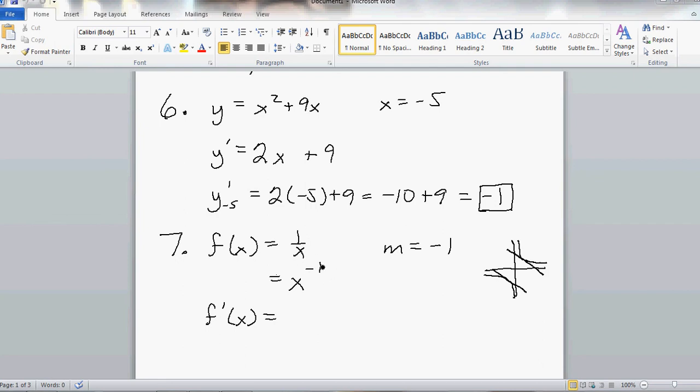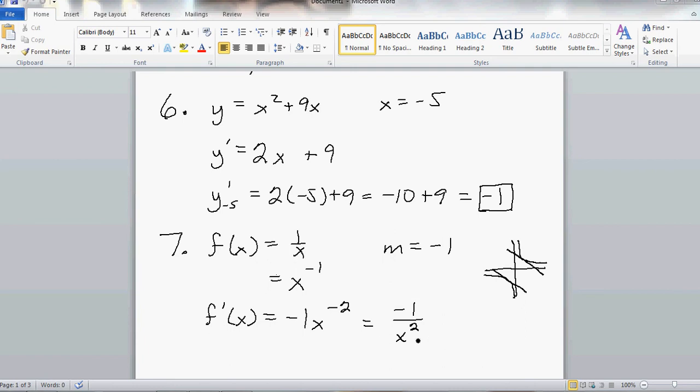We're going to take this exponent, negative 1, multiplied by the coefficient that's here. Negative 1 times 1 is negative 1, and x, we're going to take this exponent here and subtract 1 from it. Negative 1 minus 1 is negative 2. Now we need to rewrite it into its more common form, so that would be negative 1 over x squared.